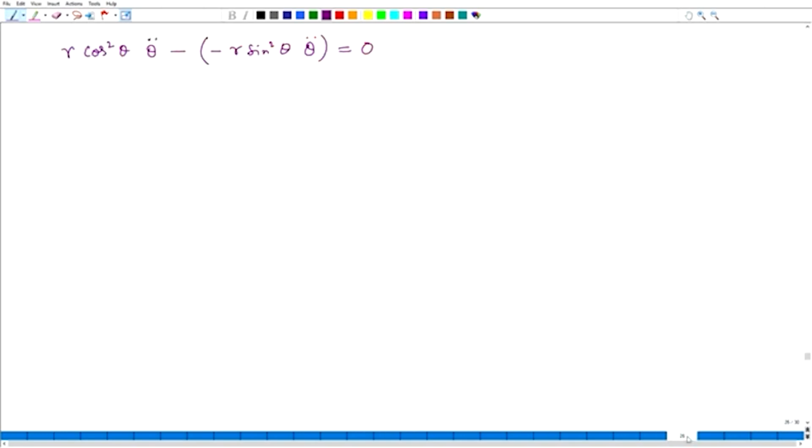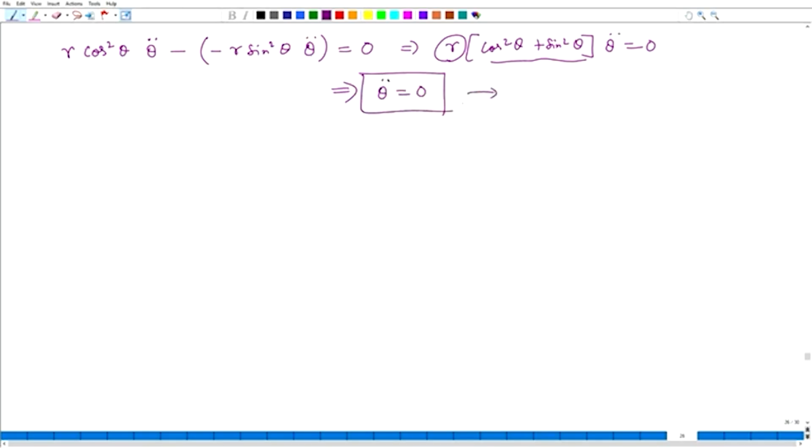And then you will actually have r times cos square theta plus sin square theta times theta double dot equal to 0, and finally, since this is 1 and r is a constant which is non-zero, you will have theta double dot equal to 0. So, you see that means that theta dot is constant. Okay. So, this is exactly what is expected from a pure circular orbit or pure circular motion.